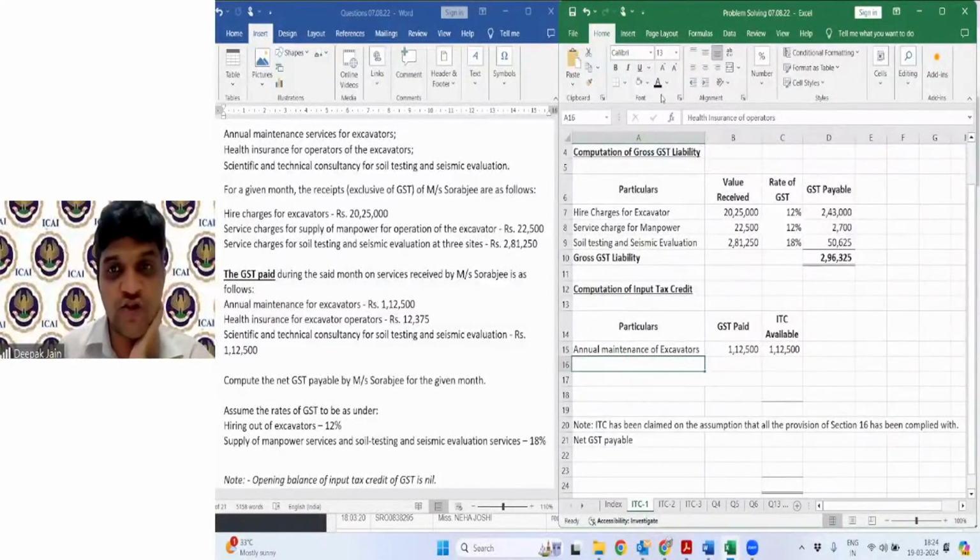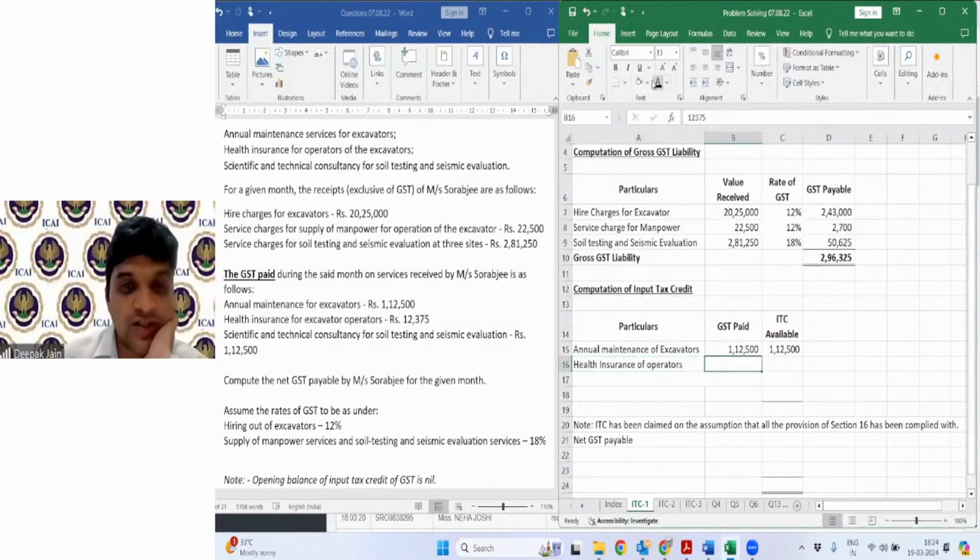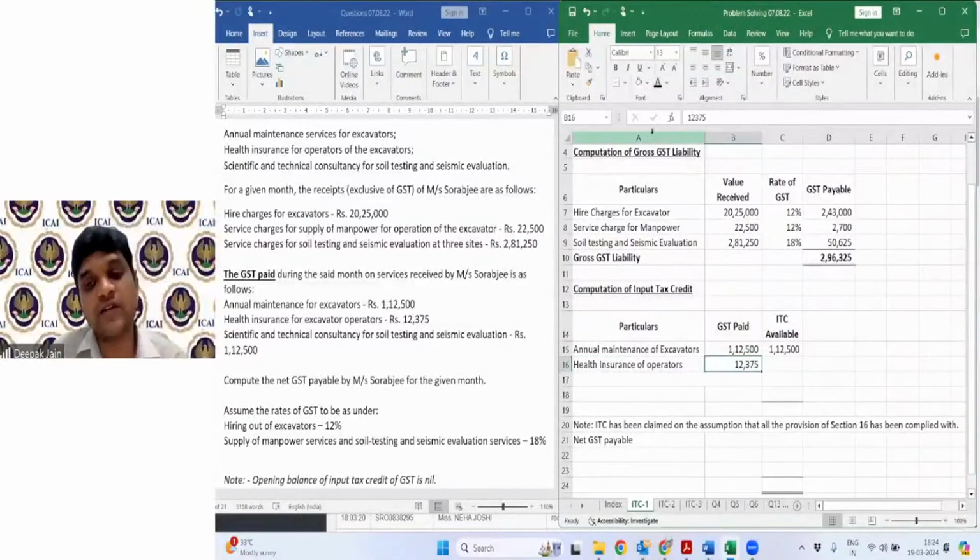Next is health insurance for excavator operators. How much is that? 12,375. Then on that, will I claim the credit?